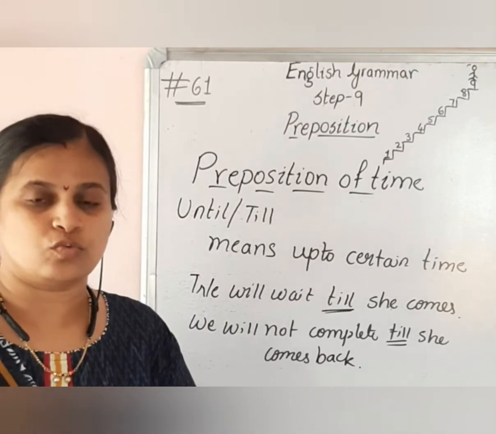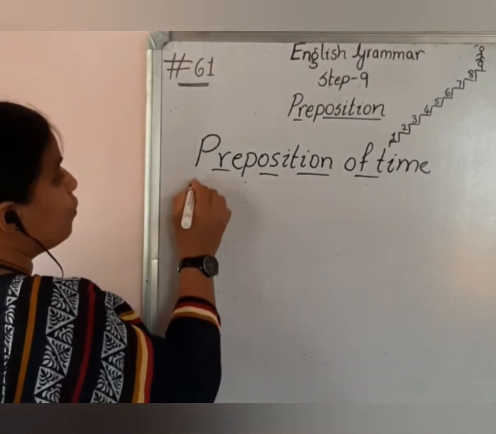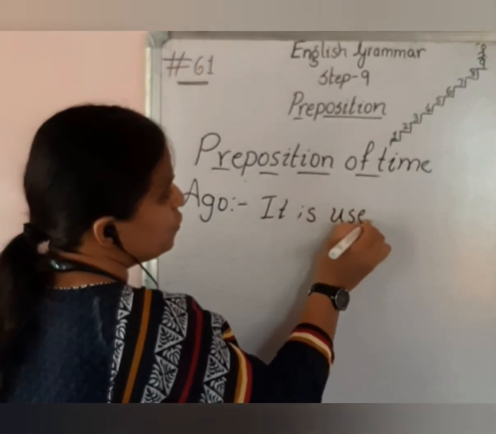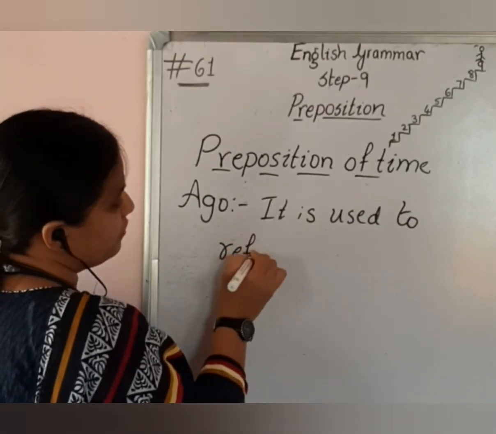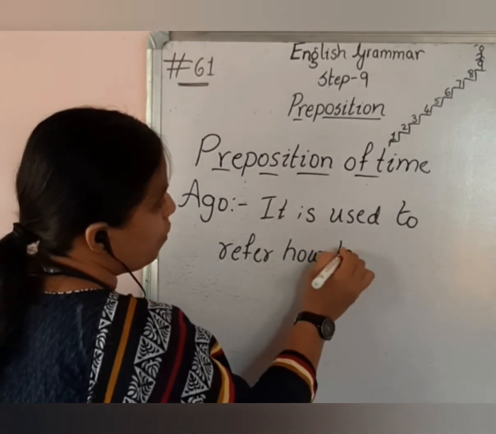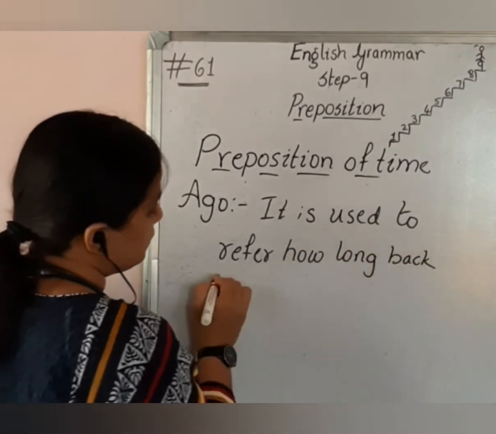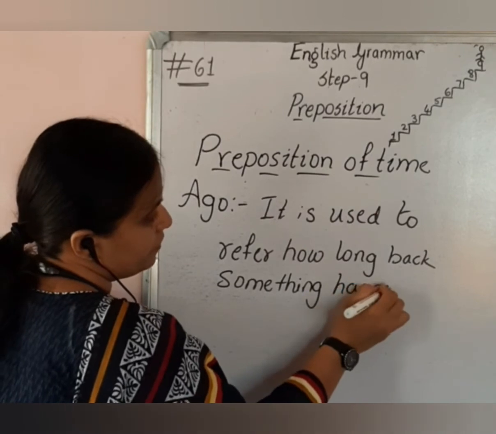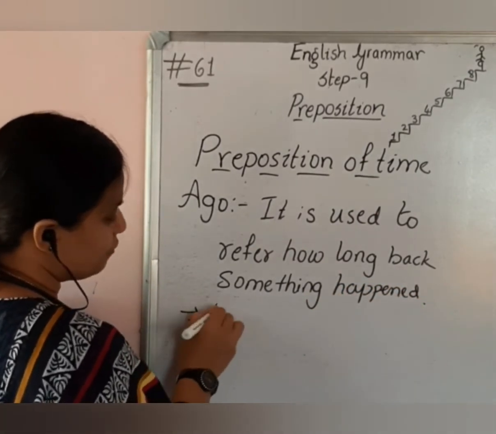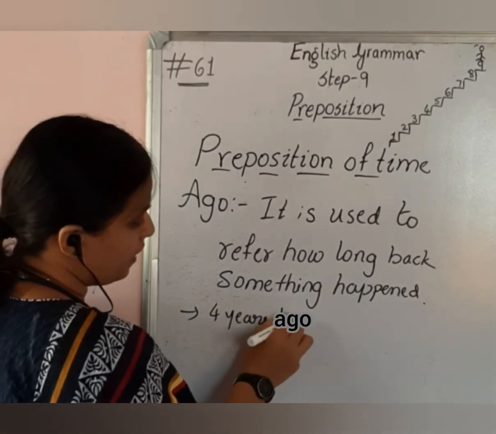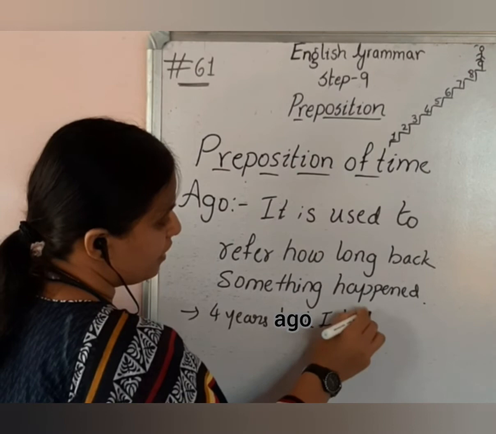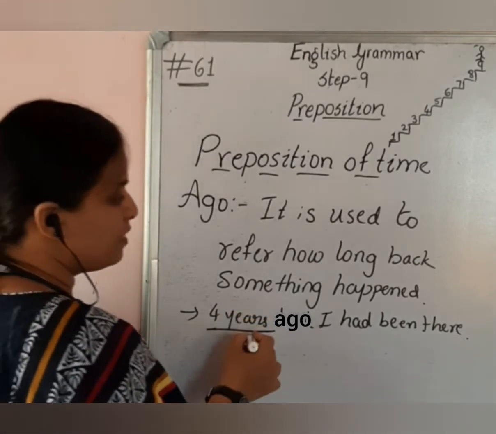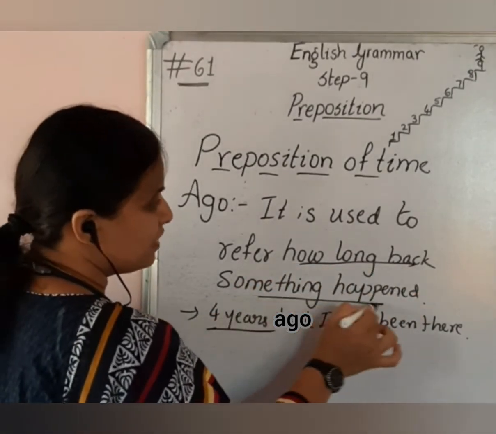Now let's go for the next word, that is ago. So ago is used to refer to how long back something happened. 4 years back means we are mentioning here how long back something happened, right?